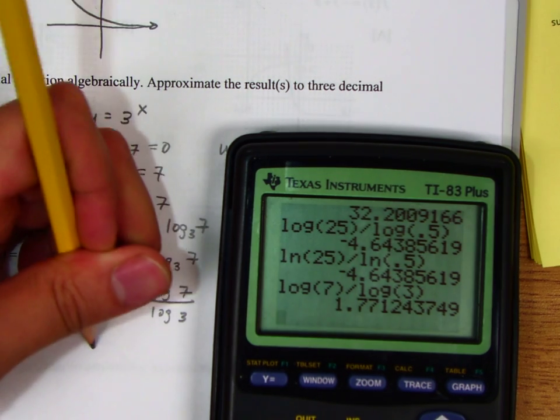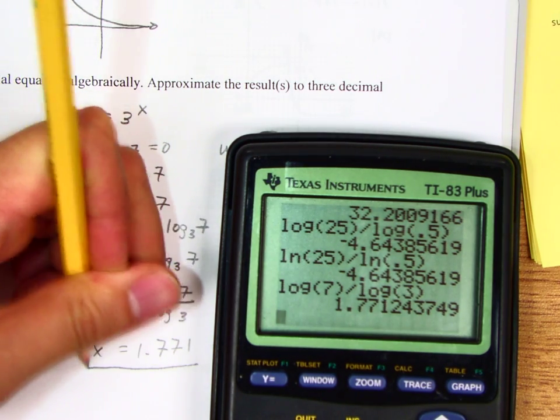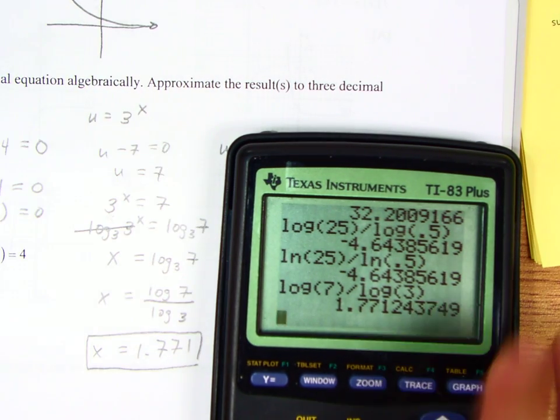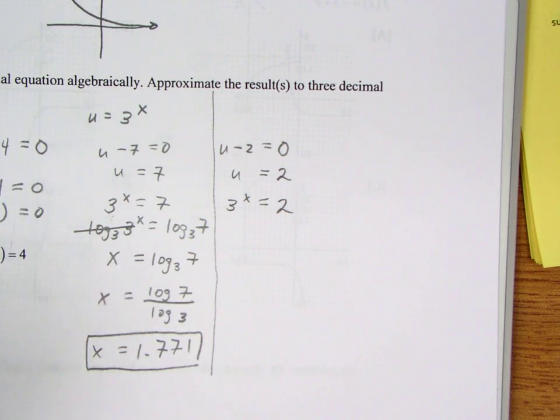That would be 1.771. Okay, I'm not going to do the second one. You should follow the same idea that we just did here, and you should be able to get the other answer. It's going to be something less than 1, but bigger than 0.